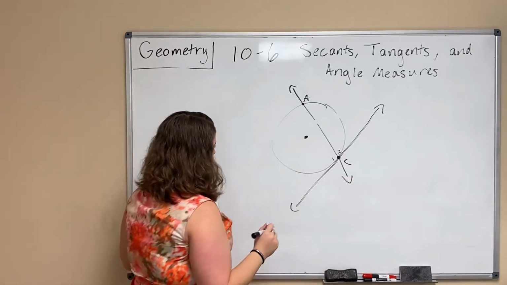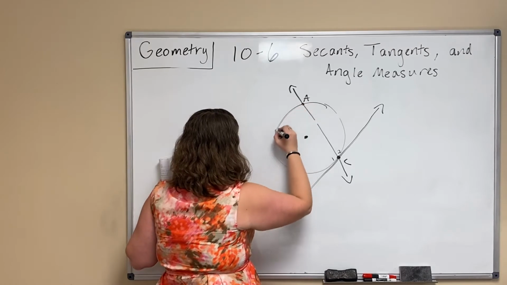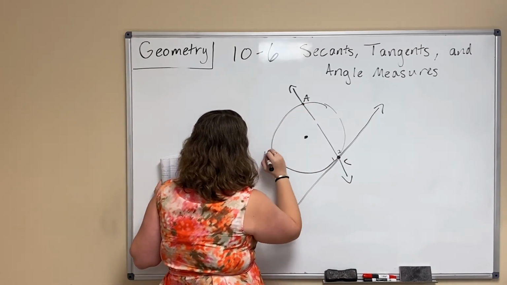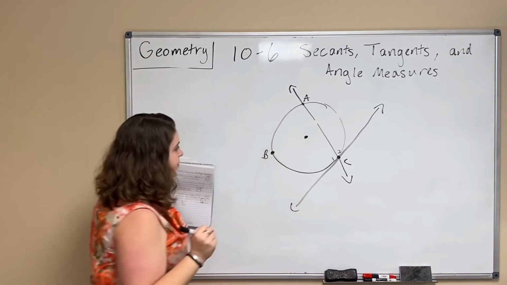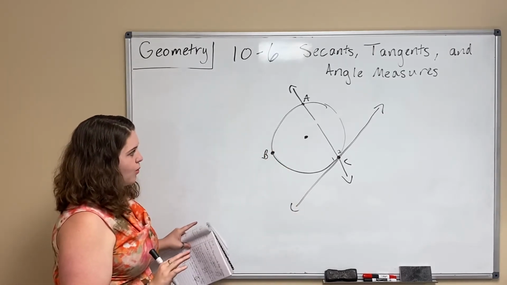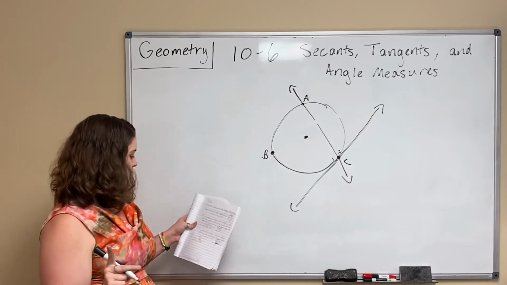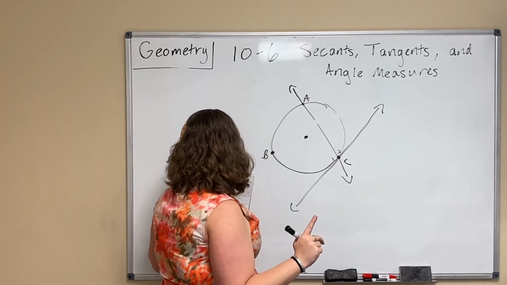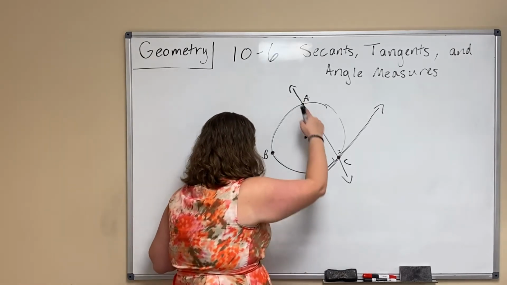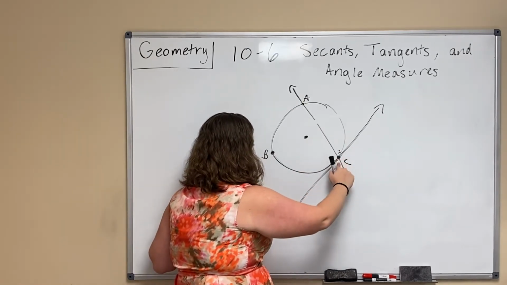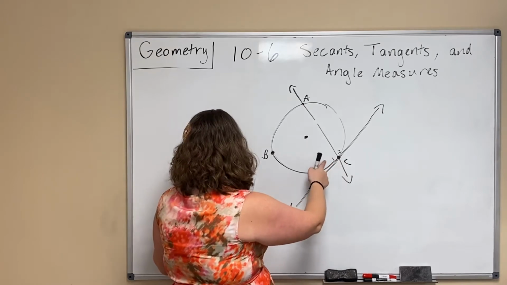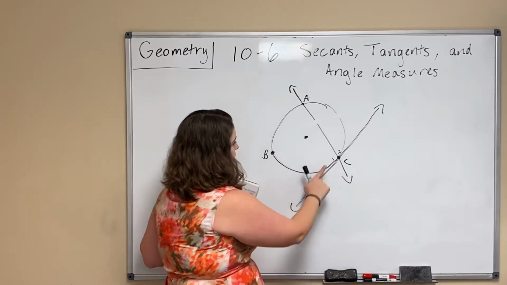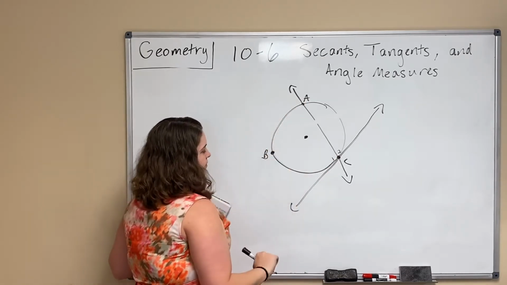How are we going to do that? I'm going to add another point for labeling purposes, ABC. What we can know about these two angles is that if this line intersects a tangent at its point of tangency, then the measure of this angle is half the measure of its intercepted arc.